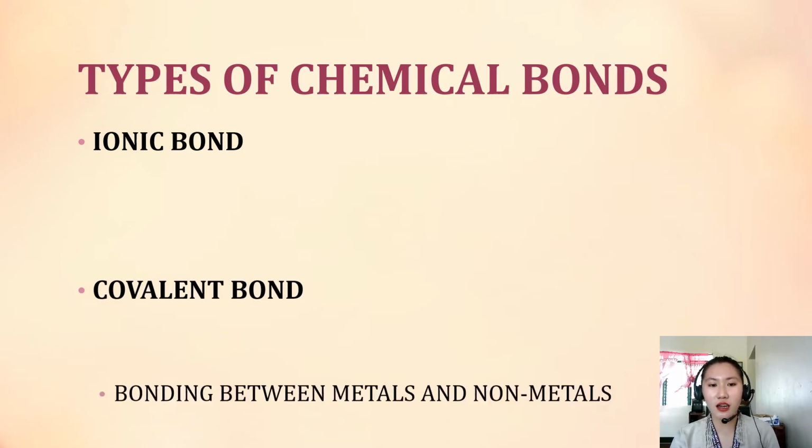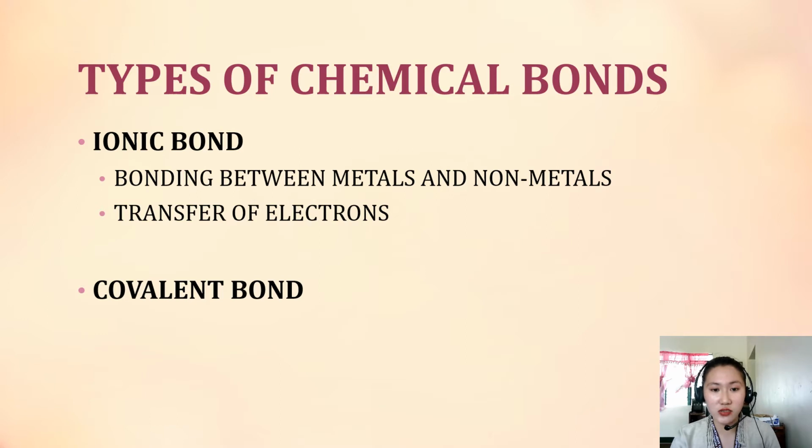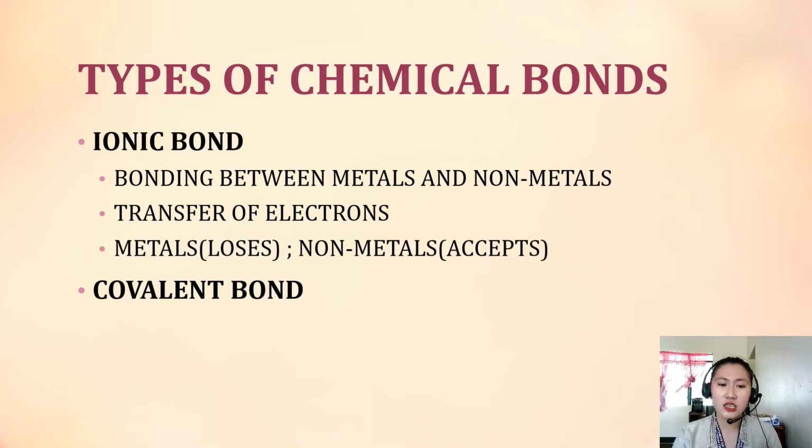So when we say ionic bond, it is a bonding between metals and non-metals. It is also called the transfer of electrons since the electrons are transferred from one atom or element to another atom. So this is where metals lose electrons and non-metals accept the electrons.